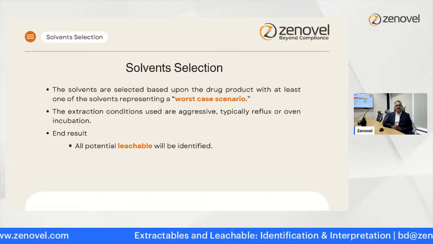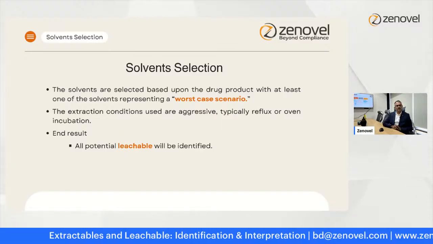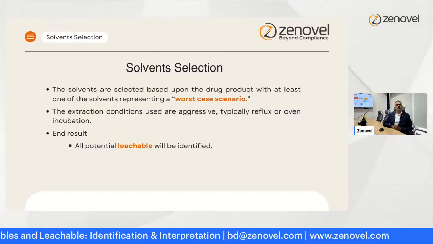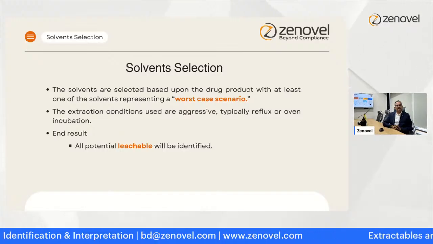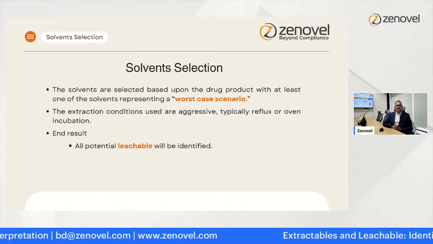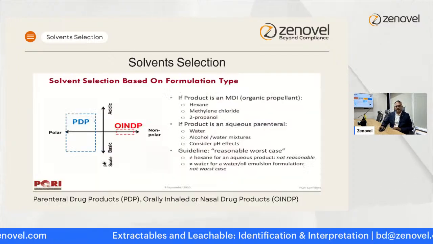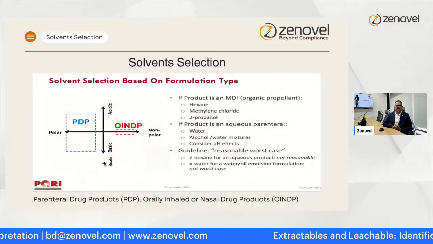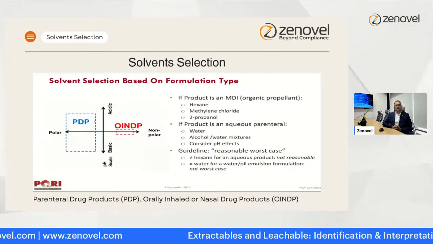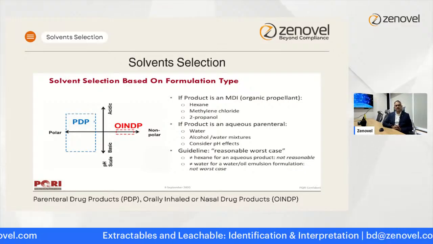The extraction conditions used are aggressive, typically reflux or oven incubation. So, what will be the end result? The end result is that all the potential leachables will be identified. According to the PQRI guideline, the solvent selection should be based on the type of formulation.